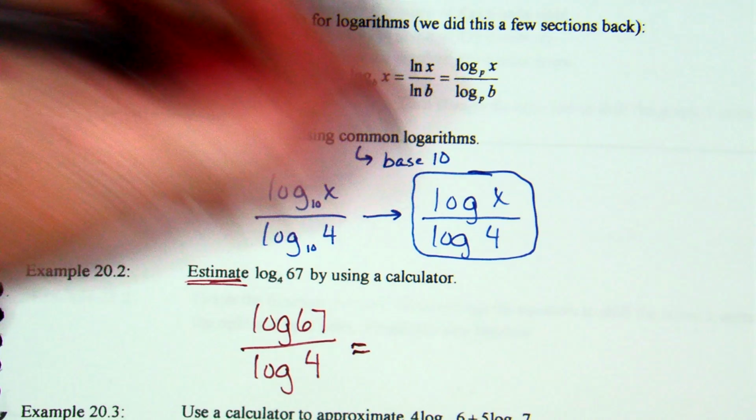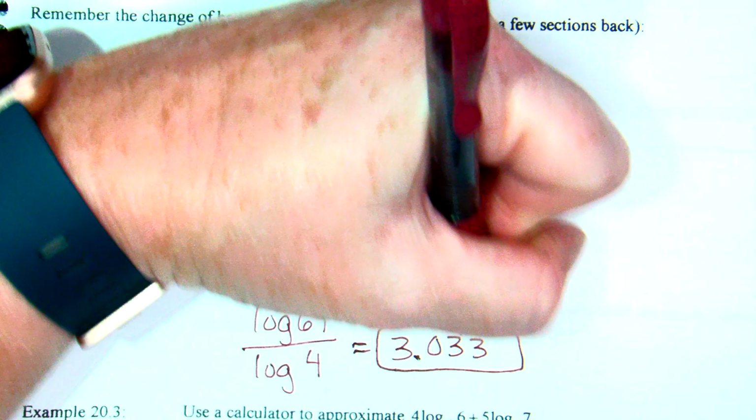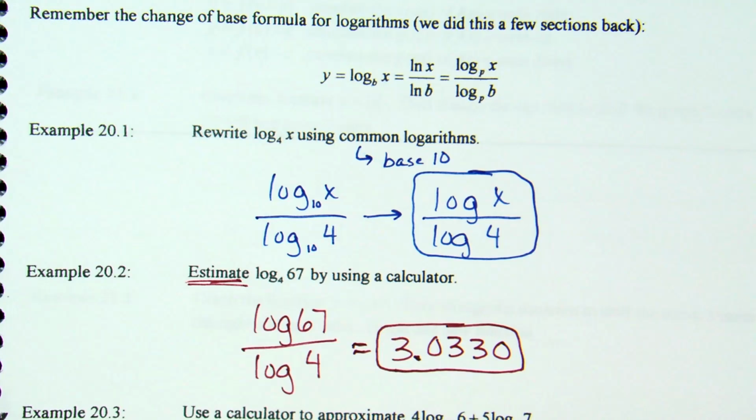Use a calculator to approximate 4 log base 15 of 6 plus 5 log base 4 of 7. Now, again, how can we use our change of base rules to do this? Thoughts?